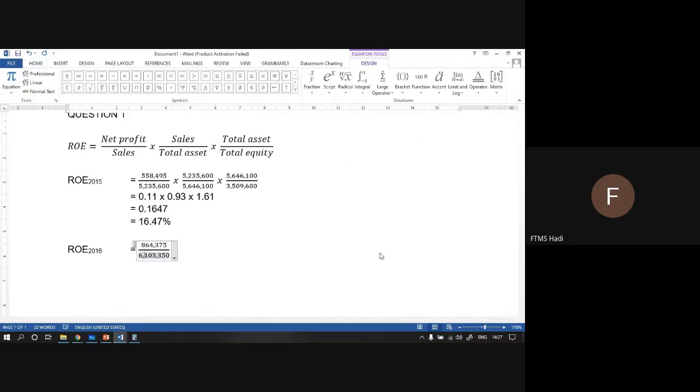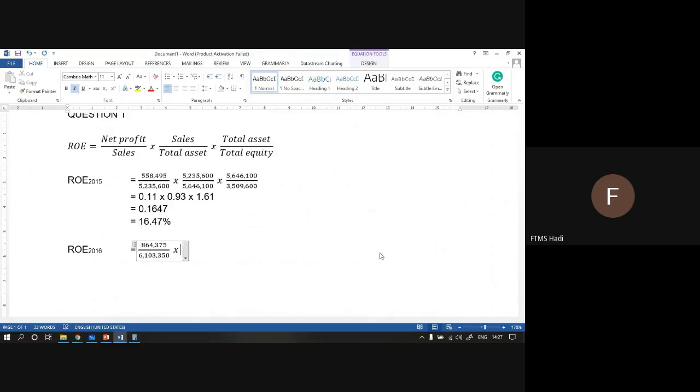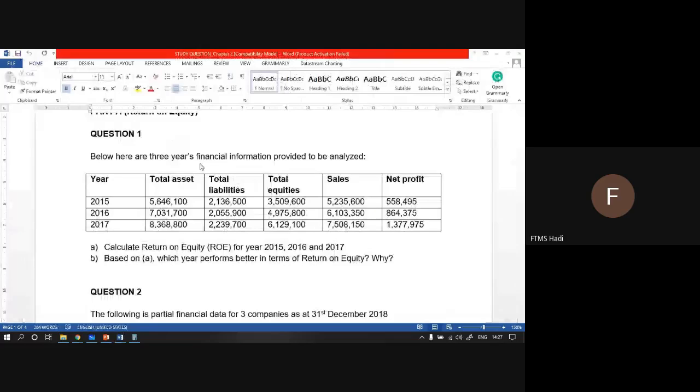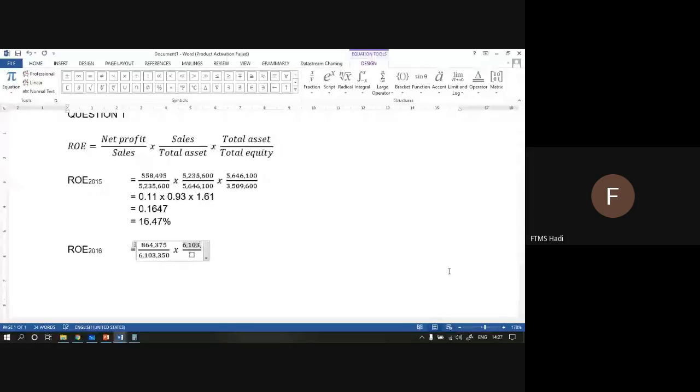Next will be sales divided by total asset: 6103350 divided by 7031700.